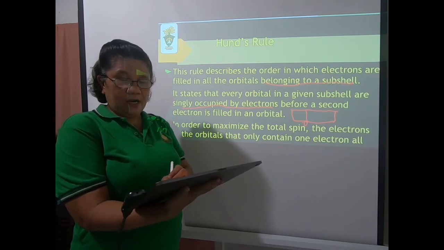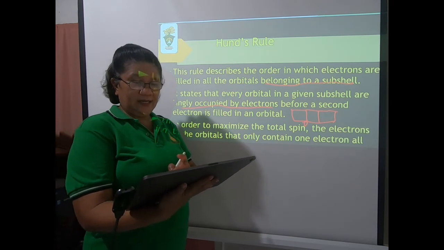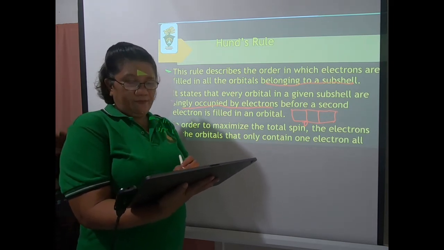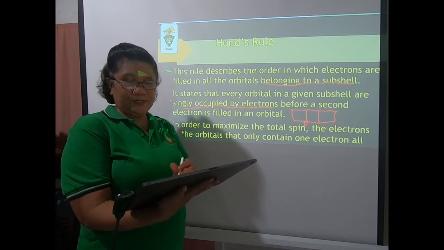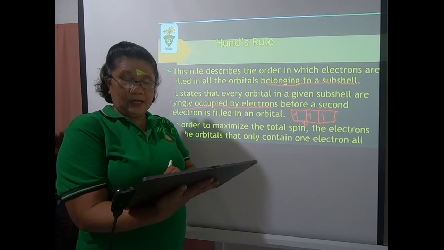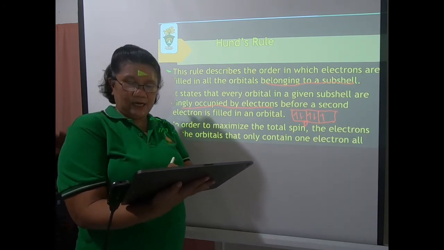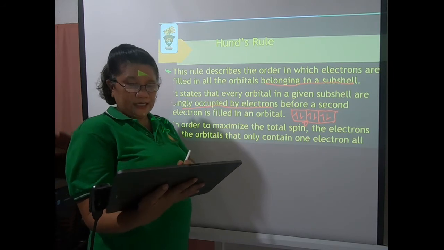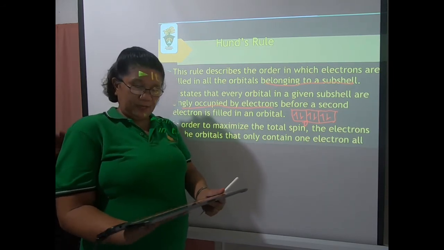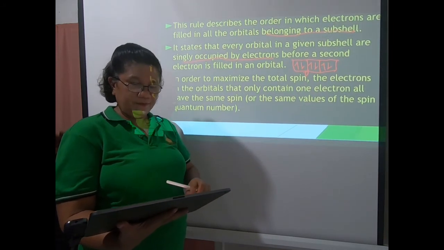How many orbitals? There will be 3. So how are you going to fill your orbitals here? It should have the lower first, that is up, up, up, then go back, that is down, down, down. This is in order to maximize the total spin of the electrons in your orbital.